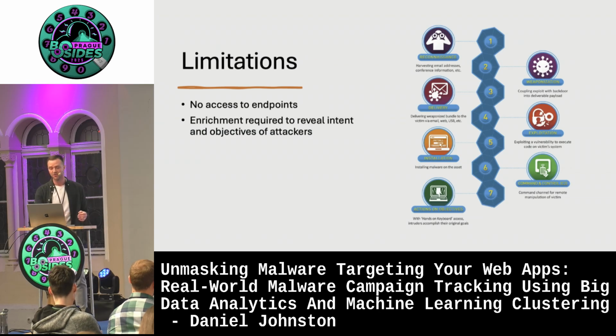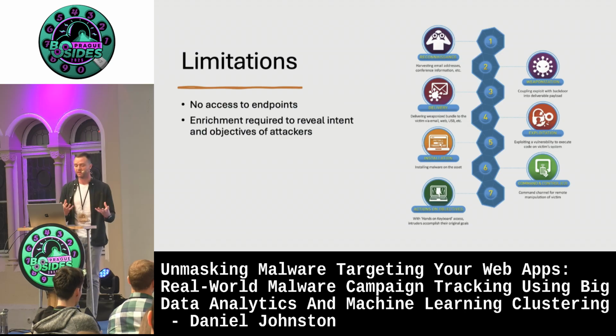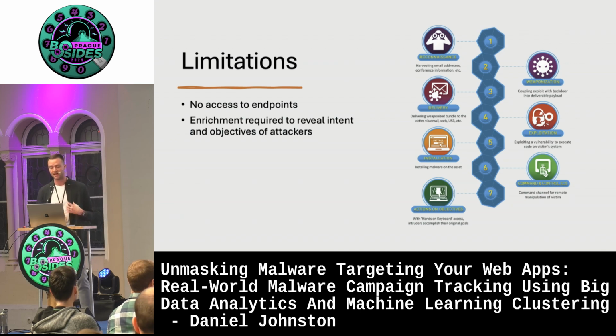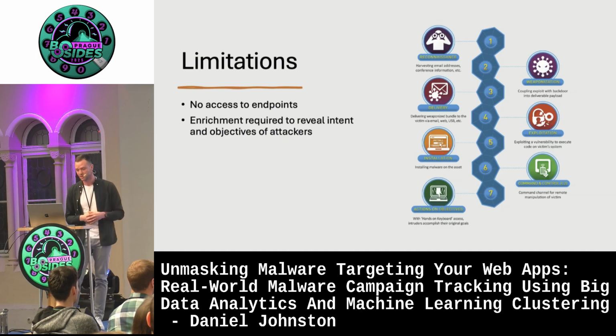That leads me on to talk about the limitations in the data that we collect at Imperva. We have no access to endpoints. We have no visibility over endpoints like other vendors do. Therefore, we only have visibility over the first 4 links in the cyber kill chain, as outlined in earlier talks.